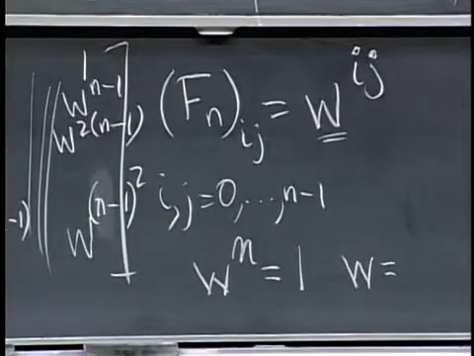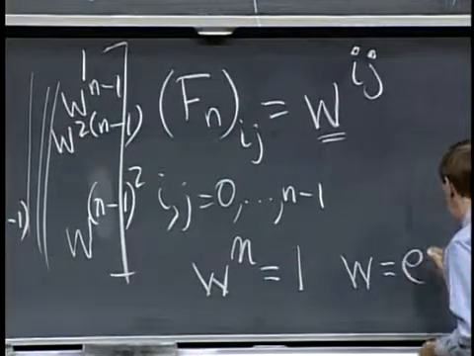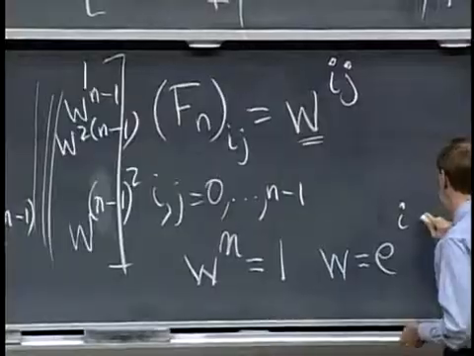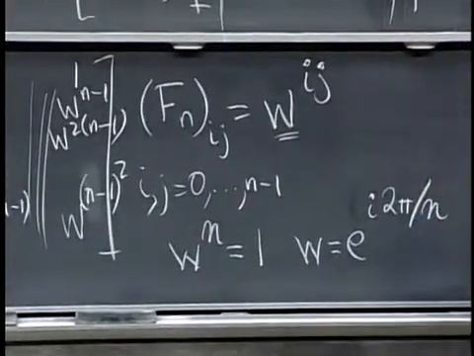Is that what I mean? N over 2 pi? No, 2 pi over n. W is e to the i, and the angle is 2 pi over n.